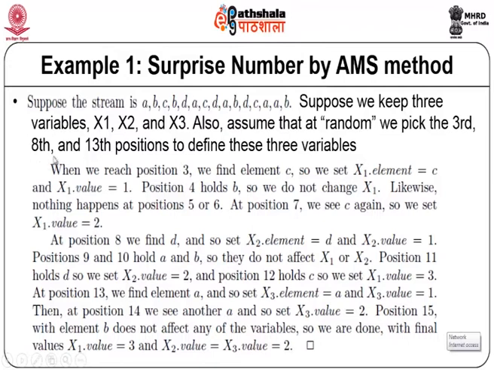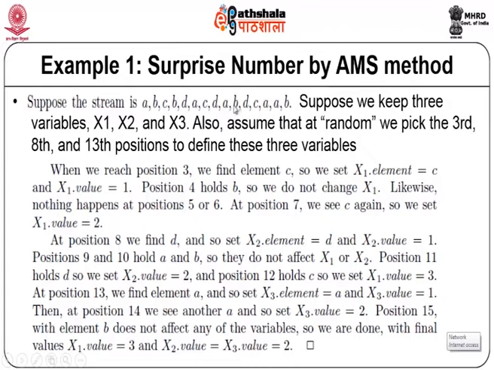Now, the next position which we will have to analyze for the variable x2 is the 8th position. At the 8th position we find the element d. Therefore, x2 dot element will now have the value d and its corresponding count will be equal to 1. At position 9 and 10 we encounter elements a and b.